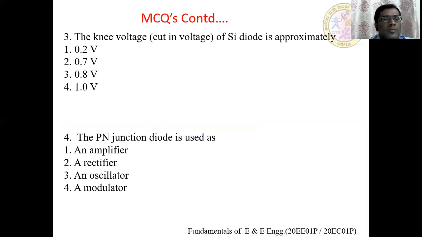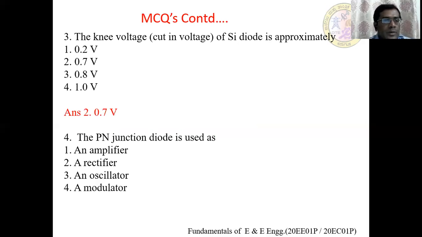Third question: the knee voltage or the cut-in voltage of a silicon diode is approximately? Options are 0.2 volt, 0.7 volt, 0.8 volt, and 1.0 volt. The answer is that the cut-in voltage of a silicon diode is 0.7 volt. Option 2 is the answer.